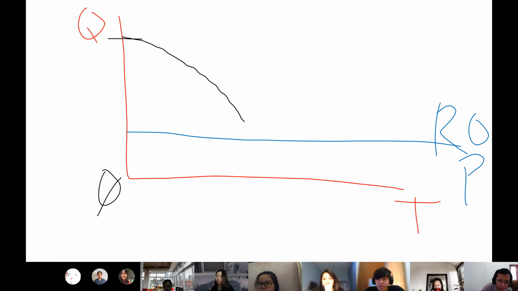So when you use the inventory and it touches the blue line, it means that you need to start ordering. You tell your supplier, we need 250 units. But your supplier will not deliver that immediately.